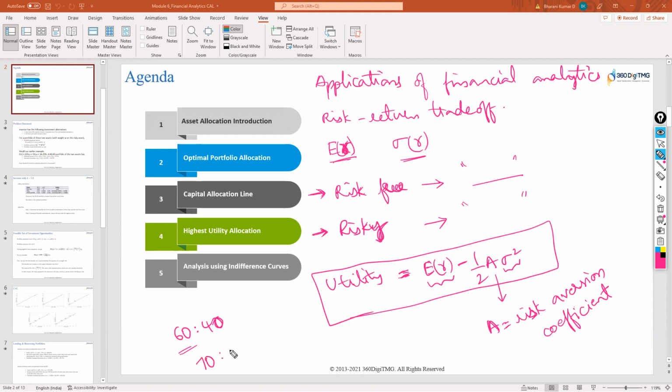Or the ratio of 70-30: 70% in risk-free, 30% in risky. Or 80-20: 80% in risk-free, 20% in risky, or whatever be the proportion. Then how do we first of all decide in what proportion I need to invest? What is the amount of money that I need to invest in this?